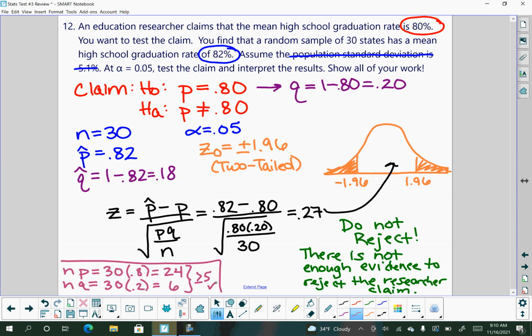Your 6374, all your proportion stuff is due tonight, so you guys can take class time and work on that today as well. Finally, you have a bonus worksheet that I gave you last week that is due tomorrow at the beginning of the period. It's going to be worth 3 bonus tickets on part 2 of your test. So that's another option for today if you want to work on that bonus assignment and a little extra practice for you in class. All right, email me if you have any questions. Otherwise, I will see you guys tomorrow.